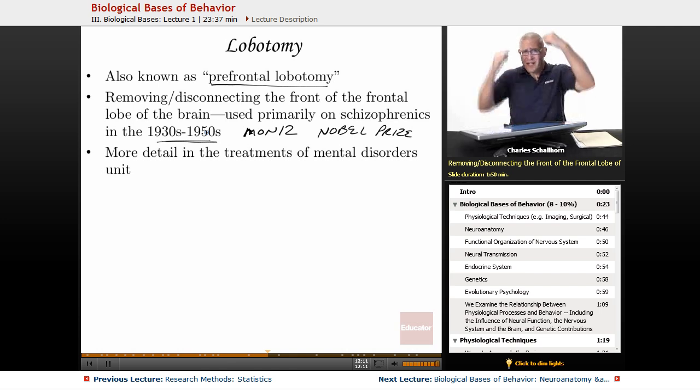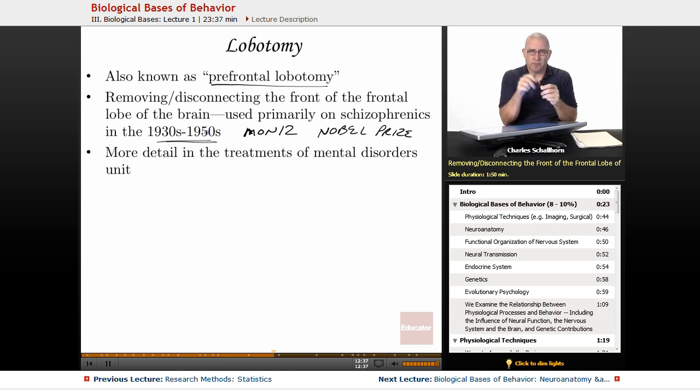Two ways to do that. They either drilled in each side of the frontal lobe up here, with the little hand drills. This is before the electric drills. Or they would do what's called an ice pick lobotomy. And an ice pick lobotomy is they would take the ice pick and go up underneath the eyelid, and then they would hammer until they broke through the orbital bone, that bone that is behind your eye, until they got up into the brain.